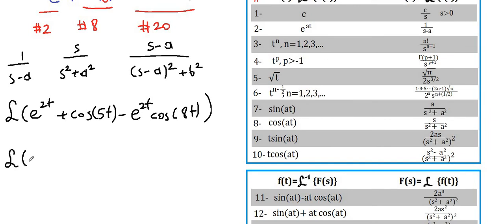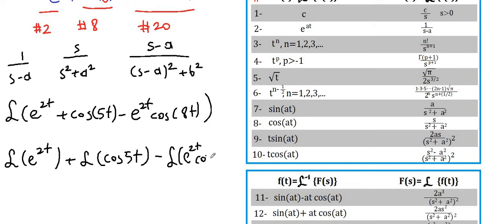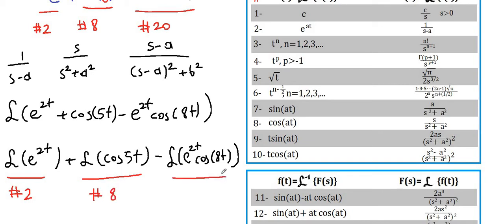So Laplace of e to the 2t plus Laplace of cosine of 5t minus Laplace of e to the 2t times cosine of 8t. This is as in number 2. This is as in number 8. And this is as in number 20.